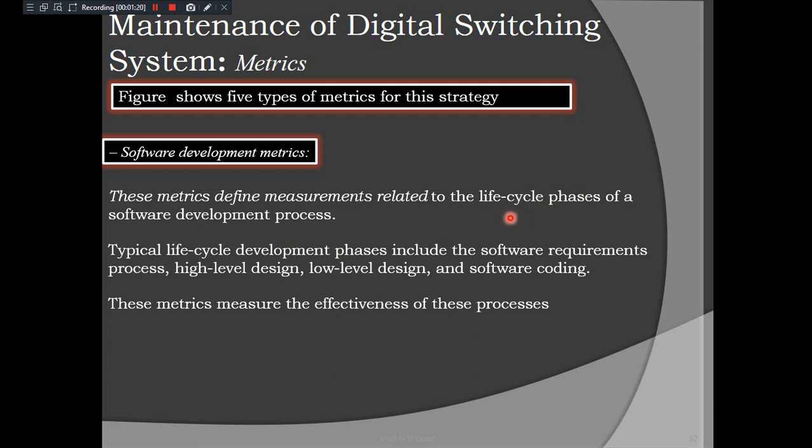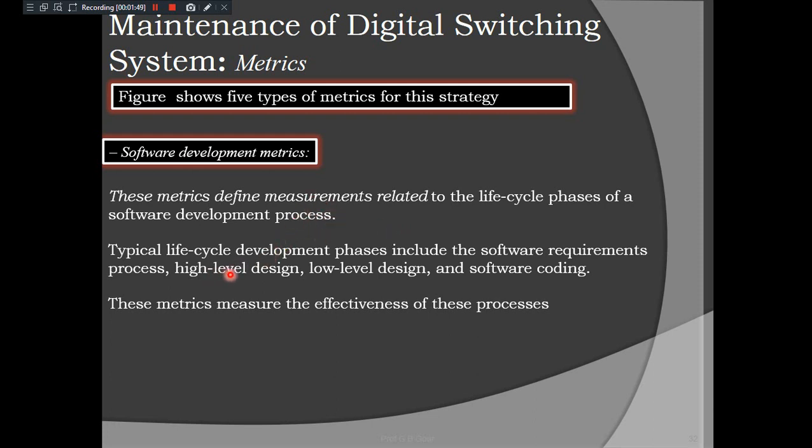Normally it starts from scratch: how you get the specifications, how you collect them from the customers, how you model the hardware and software, and how you convert those hardware and software models, flow charts or logic diagrams into the implementation phases, until we get the product. All those different stages of the life cycle come under these software development metrics.